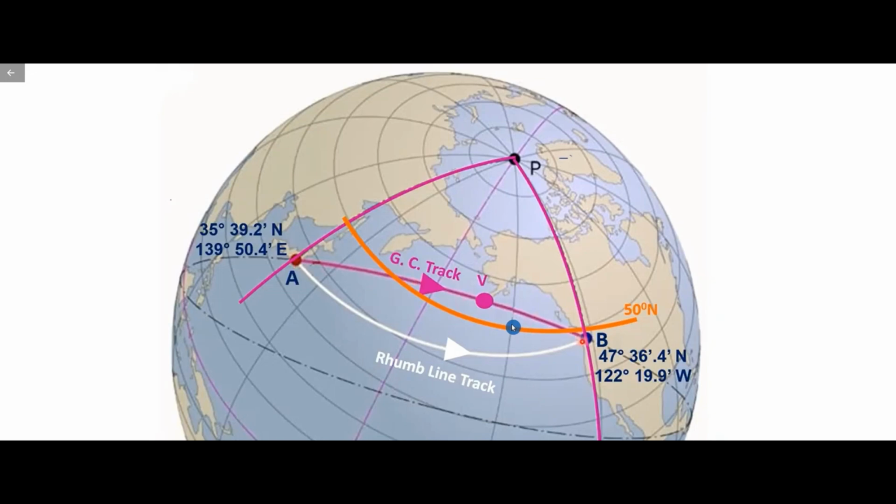Otherwise, if you are in open sea and there are no restrictions, the limiting latitude is decided by looking at the routing charts of that area and the sailing directions, the pilot books.